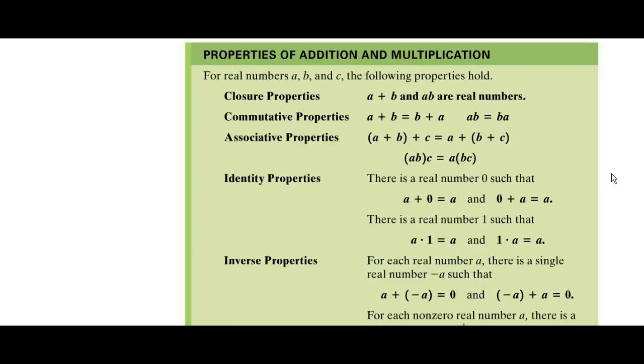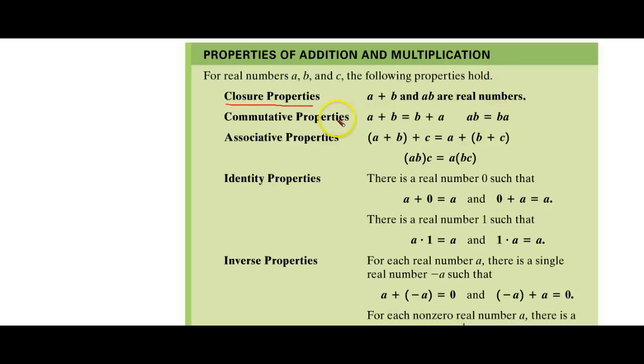So, closure property. That is, A plus B, the addition operation, and A times B, the multiplication, are real numbers. So they're in the real number system.